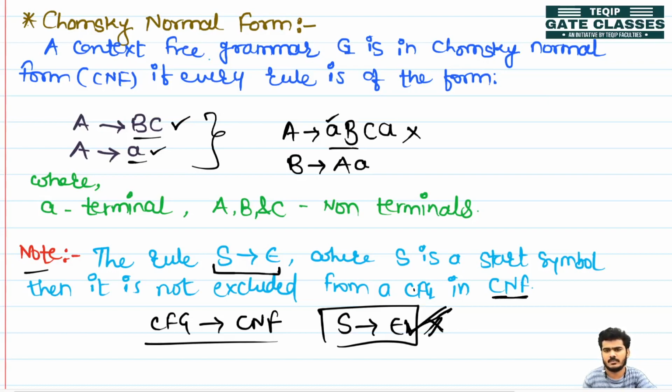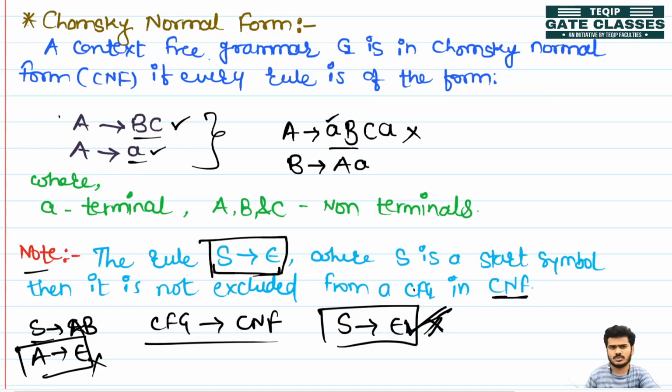Otherwise, if S produces AB is there and A produces epsilon is there, then we have to remove A produces epsilon, because A is not the starting symbol. Only in the case of the starting symbol producing epsilon is it accepted; otherwise we have to eliminate it. So remember these two things, either two non-terminals or one terminal will be allowed.